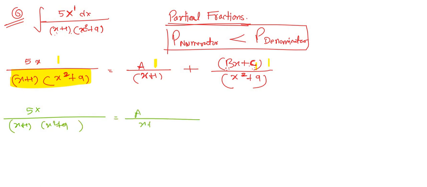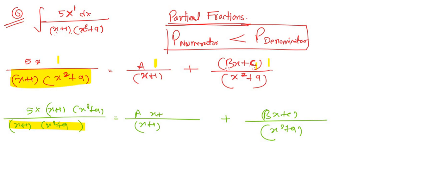I am going to multiply in each term, so let me write it like this, x plus C by x square plus 9. I am multiplying this term everywhere: x plus 1, x square plus 9.